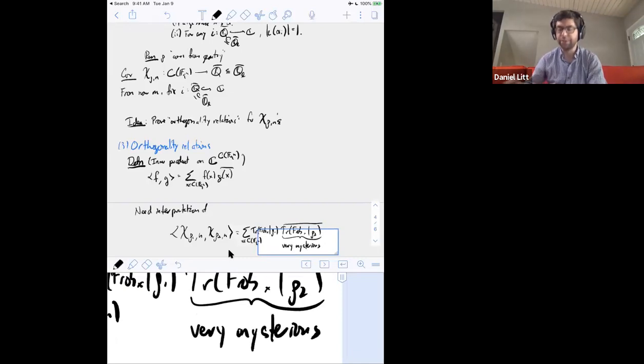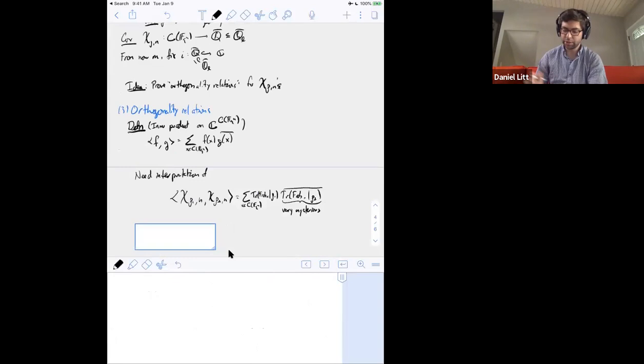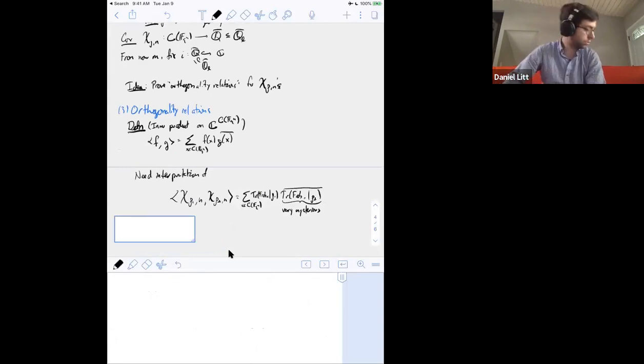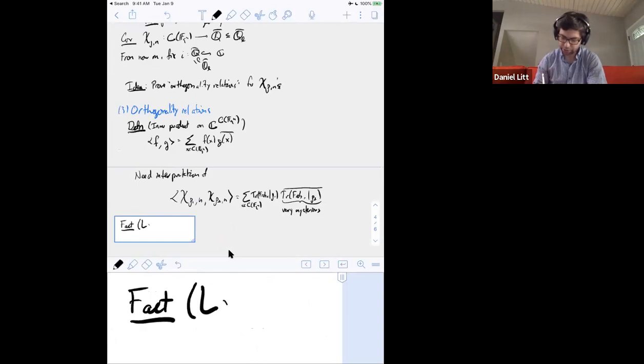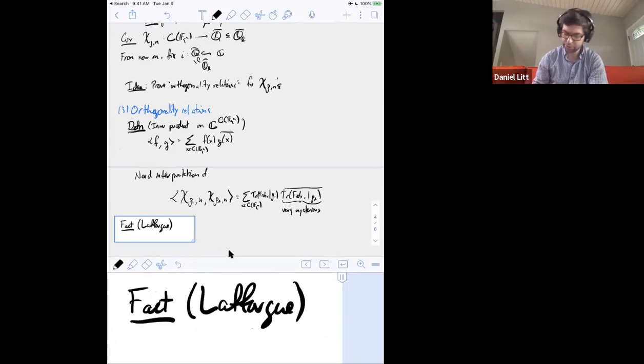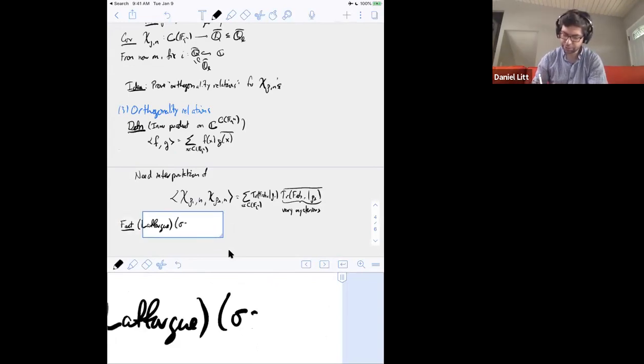It's not clear, from the point of view of Q_l bar representations, how to interpret this. So we're going to have to use Lafforgue's work again. Here's another fact, again a corollary of Lafforgue's work on the Langlands program, called sigma companions.